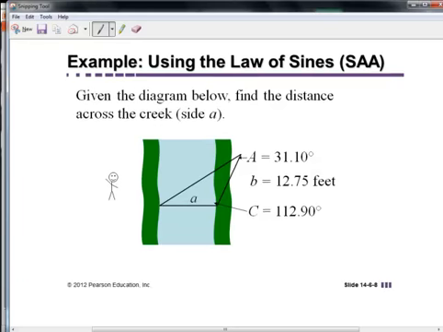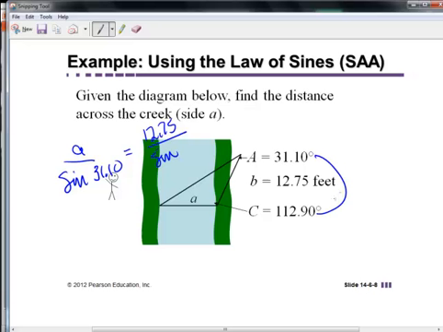So we want A, which is over sine 31.10. Remember, you only have to use the law of sines and cosines if it's an oblique triangle such as this one. And then equals B, which is 12.75 over the sine of B. And that you have to figure out by subtraction.